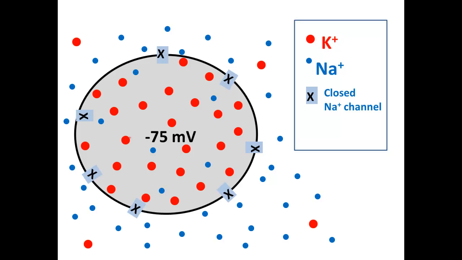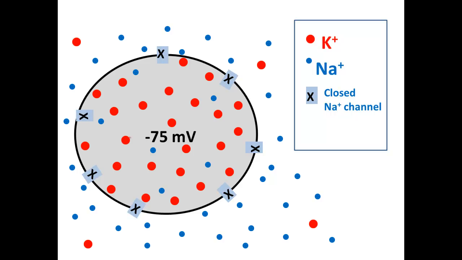Sodium, however, usually does not contribute a whole lot to the resting membrane potential, because even though there are a lot of sodium channels in the neuronal membrane, most of them are usually closed. They're shut. So there's no way for sodium to actually get through those channels and cross that membrane. It's kind of like even if there's a door, if that door is shut and locked, I can't leave or enter the room.